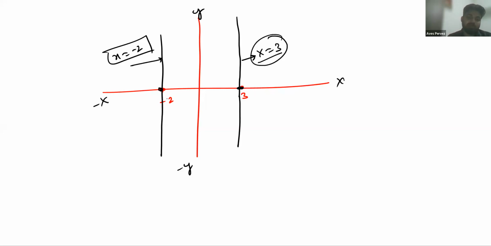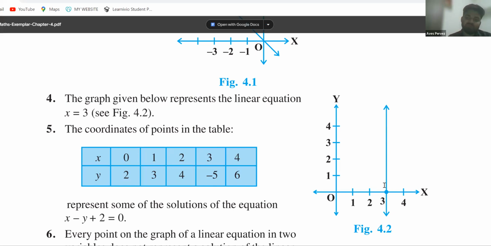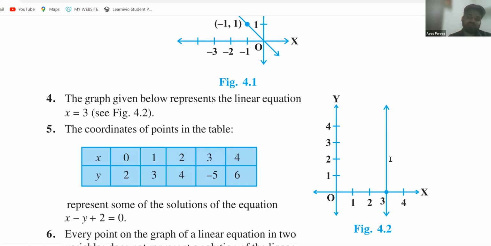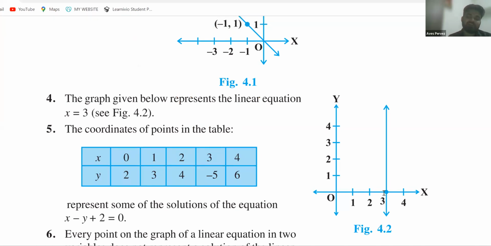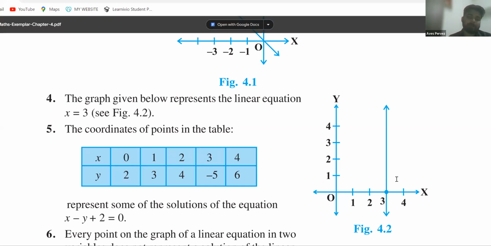If it is passing through minus 2 on the x-axis, then it will have x equal to minus 2. So here it is parallel to the y-axis and passing through 3 on the x-axis, so the equation for this line will be x equals 3. Got it? Yes, sir.